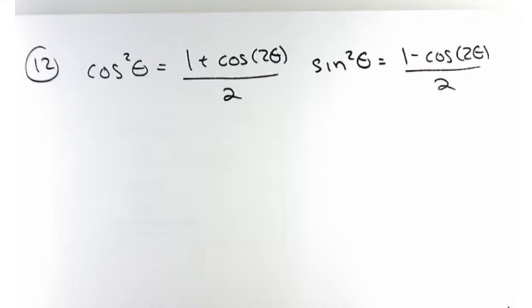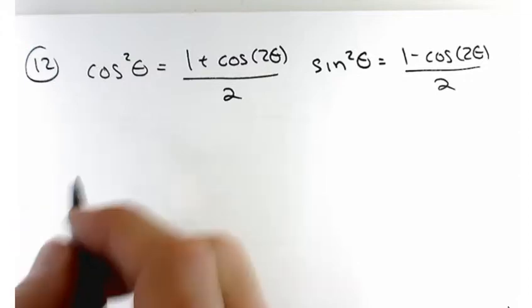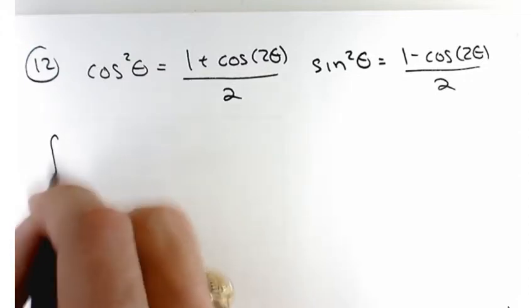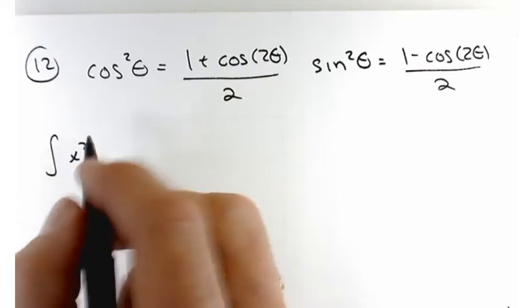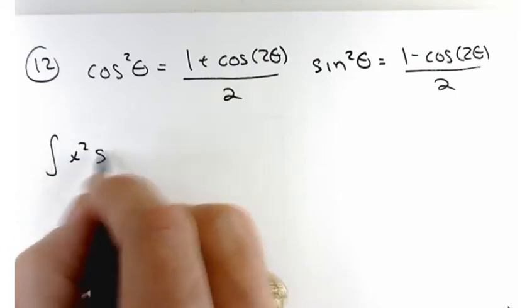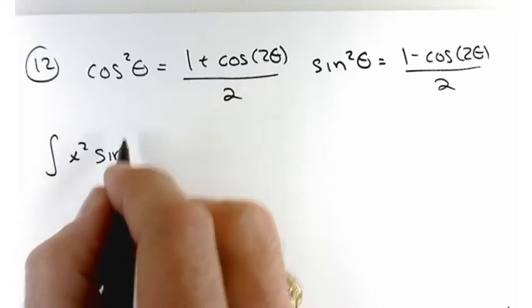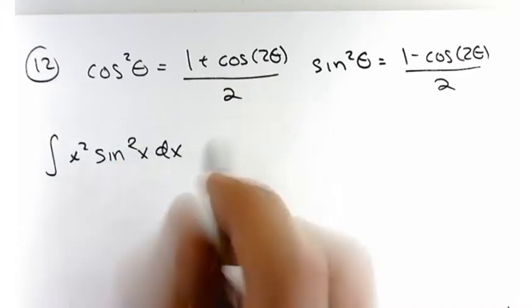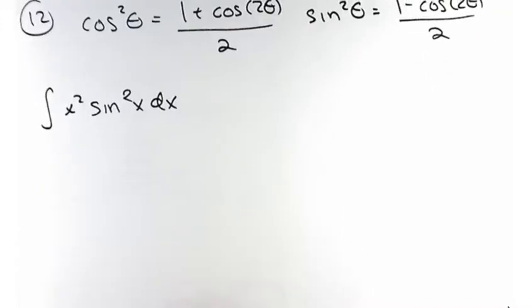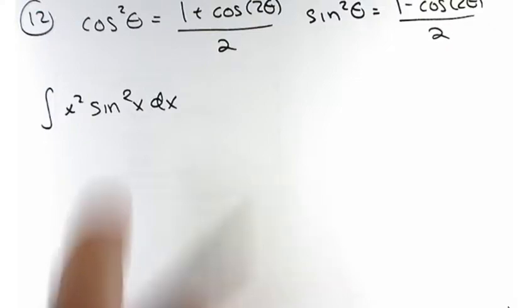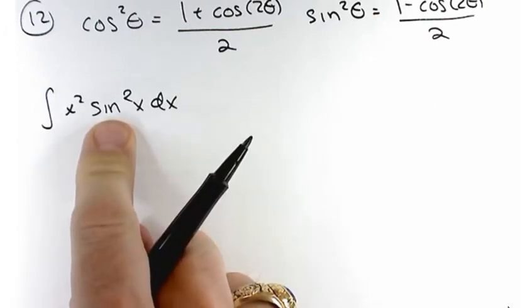So, let's see. We'll do problem number 12 as an example. Integral of x squared times sine squared of x dx. Now the unfortunate part about this one is that you're stuck with the sine squared.